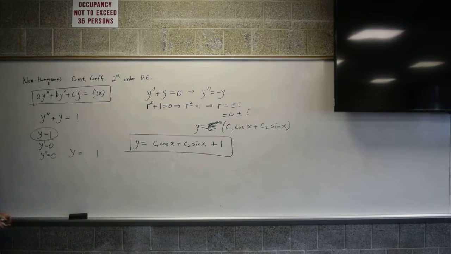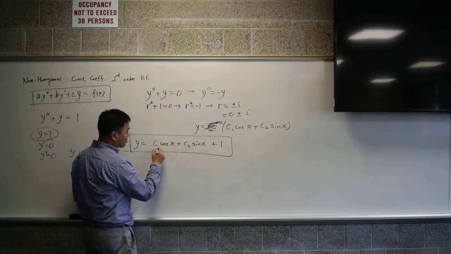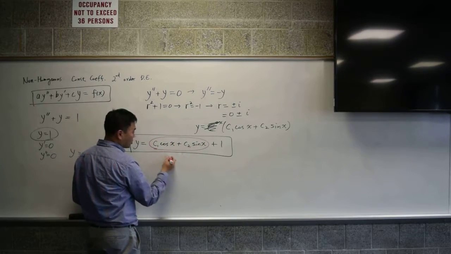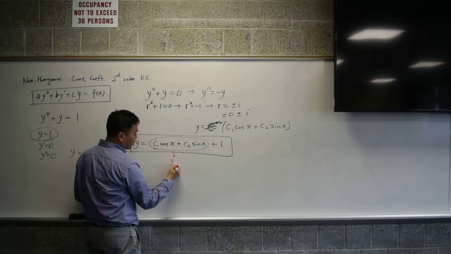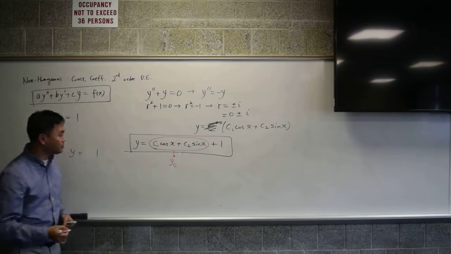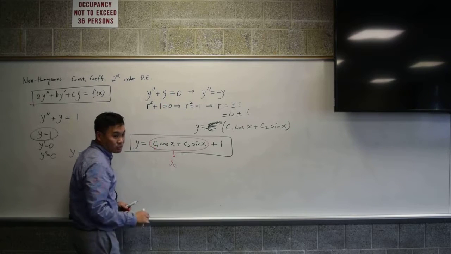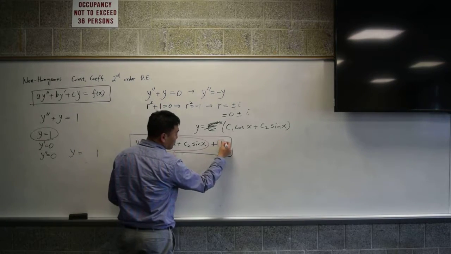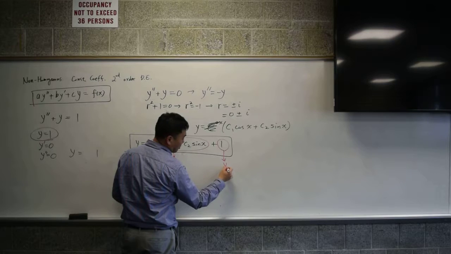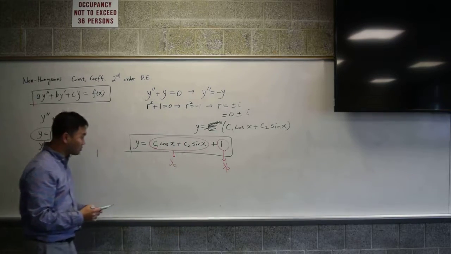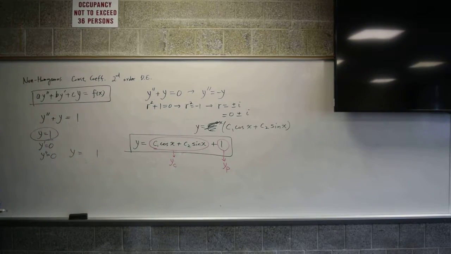Now it consists of two parts. This part we call y complementary, because it's the solution to the complementary equation, and this part we call y particular, because it was just one particular solution we found by trial and error.